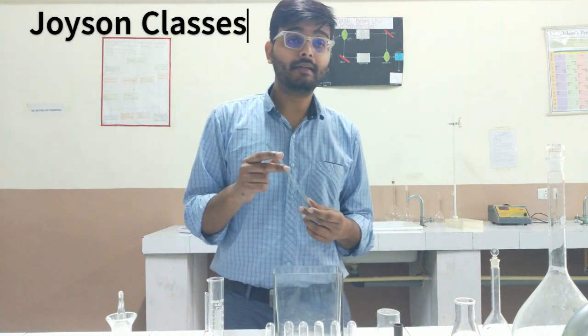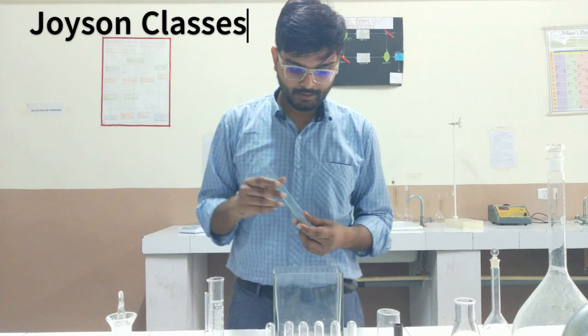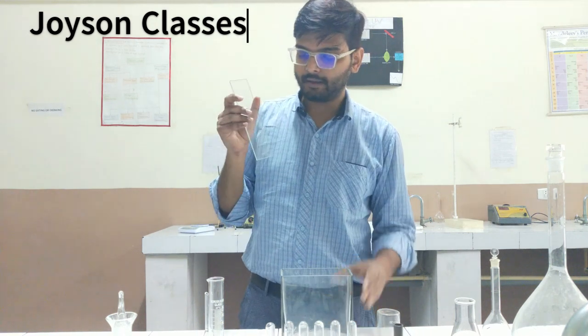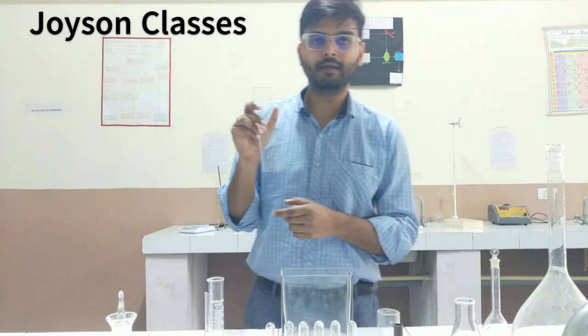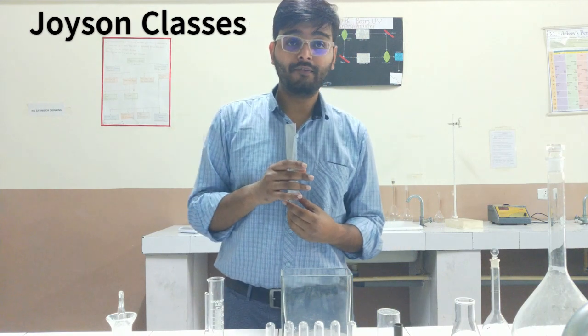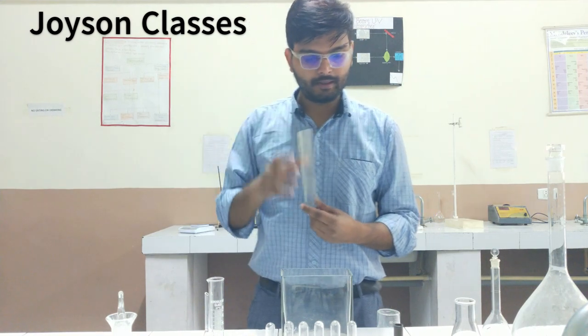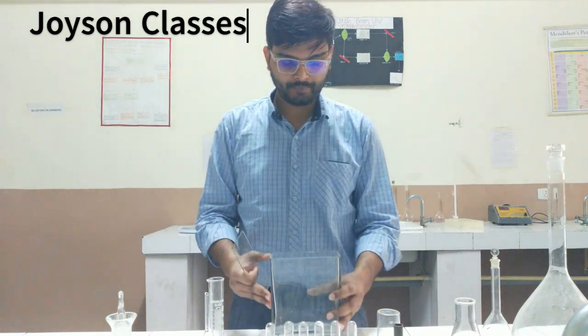The thickness of the silica gel should not be more than 200 micrometer, and we mark a point here after spreading the silica gel over it, as it will act as the stationary phase, and the solvent in it will act as the mobile phase.